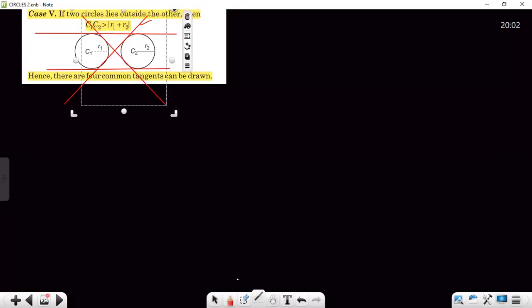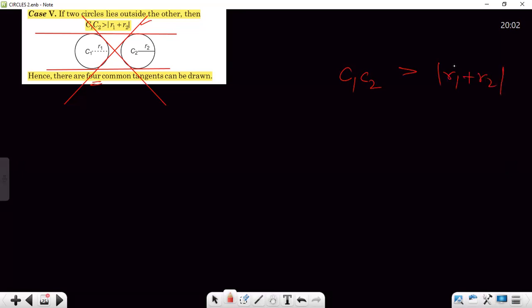So how many common tangents are there? There are four common tangents. Important point. There are four common tangents. I think this is the maximum number of common tangents that can be there with two circles. And the distance between C1 and C2 will be greater than the sum of the radii. R1 and R2 are both positive entities. Understood? Yes, sir.